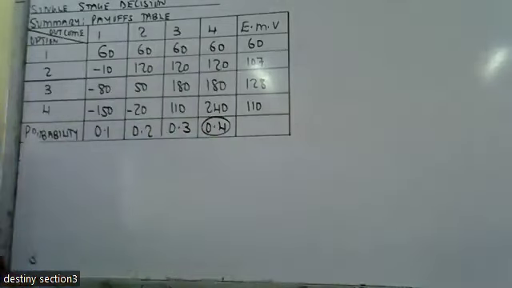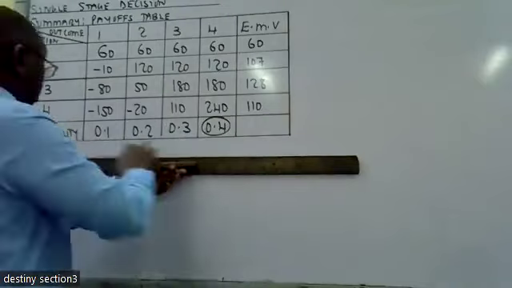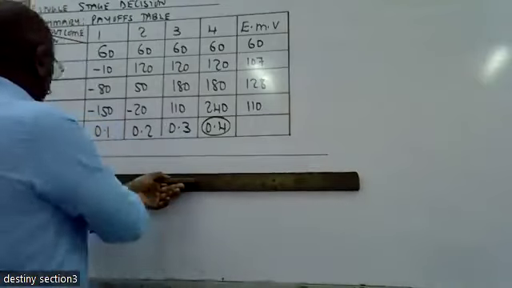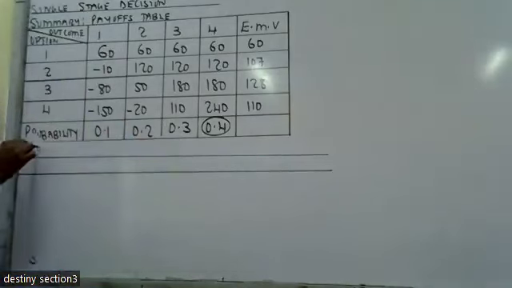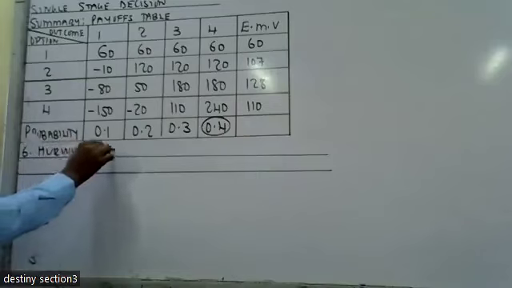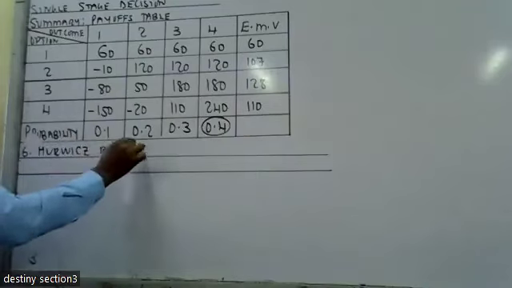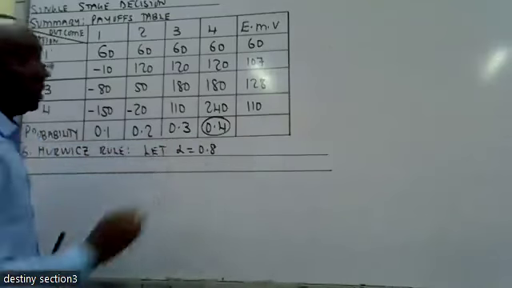That was number 5. That was number 6. Number 6 is called the Hurwicz rule. And in this one we say let alpha be 0.8.